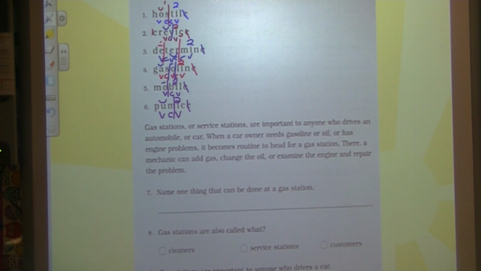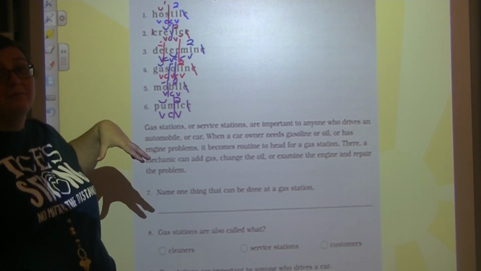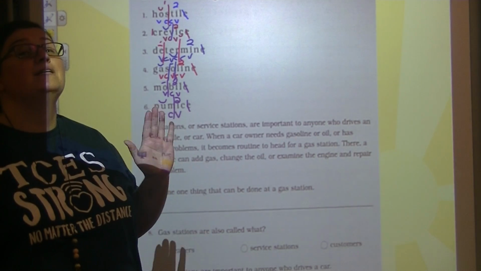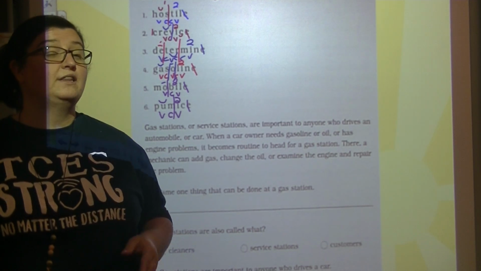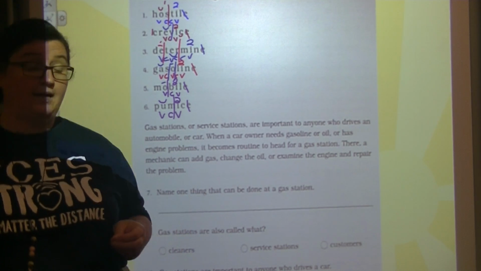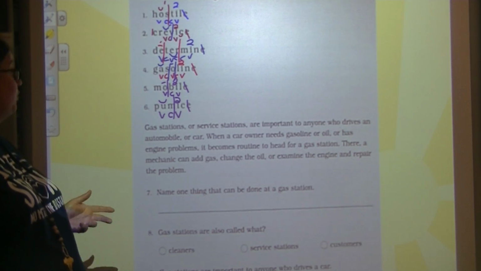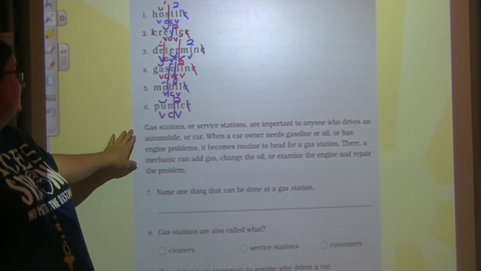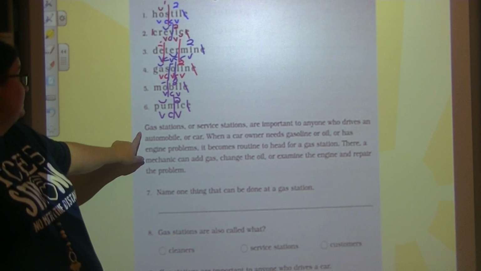Now on the back side today, I know this coding is getting very difficult. If you can't code the word, it's okay, but I want you to sound the words out and figure out the words. That's the most important thing, is that you can decode them, okay? So make sure you can read the words. That's more important than the coding. All right. Let's read. Put your finger down here and let's read.